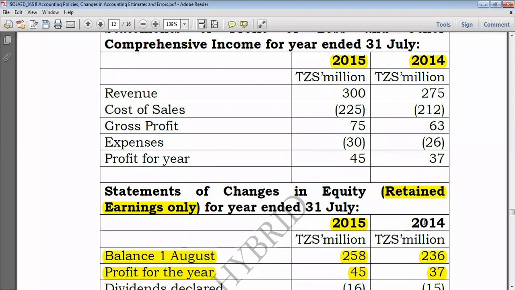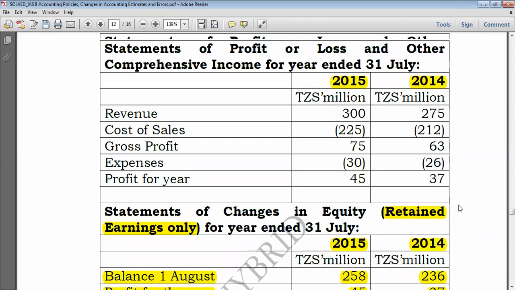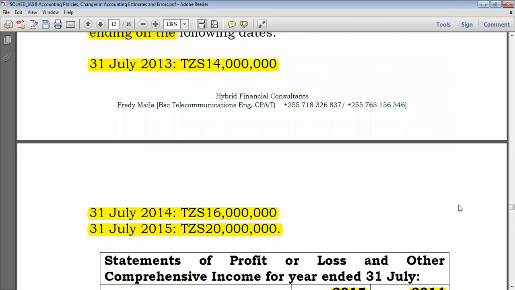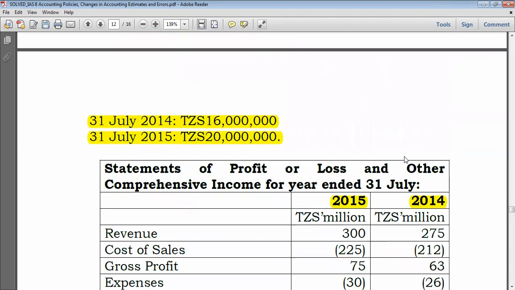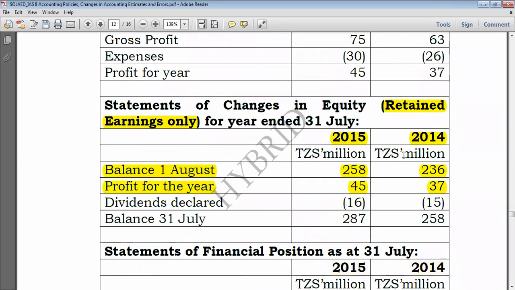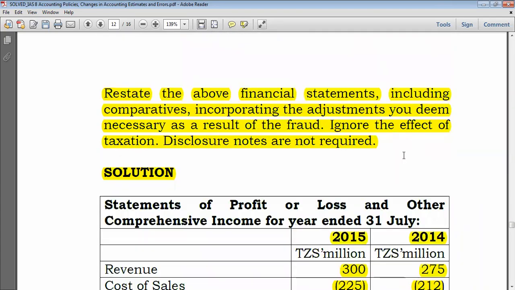So let's start with this. Before August 2014, that means it's 31st July 2014 going back. So let's look for 31st July 2014 going back. So you would have to reach this figure. This is 14 million, right? So you would come here, put 2014.